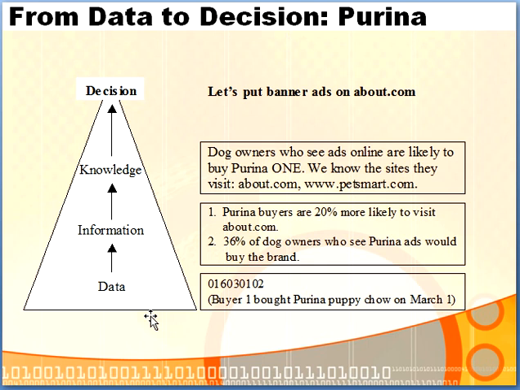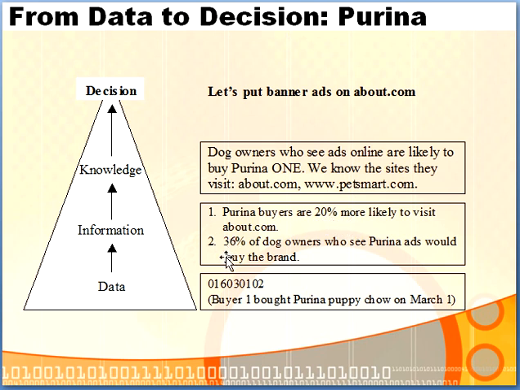Now, based on that, they would then gather some information, and here's some of that information. Purina buyers are 20% more likely to visit about.com. This is a website about.com, and their information shows that the people who were buying this were visiting this website, 20% of them.